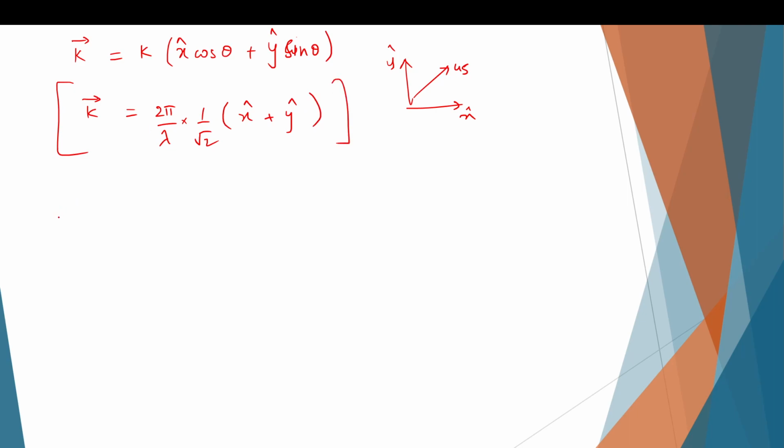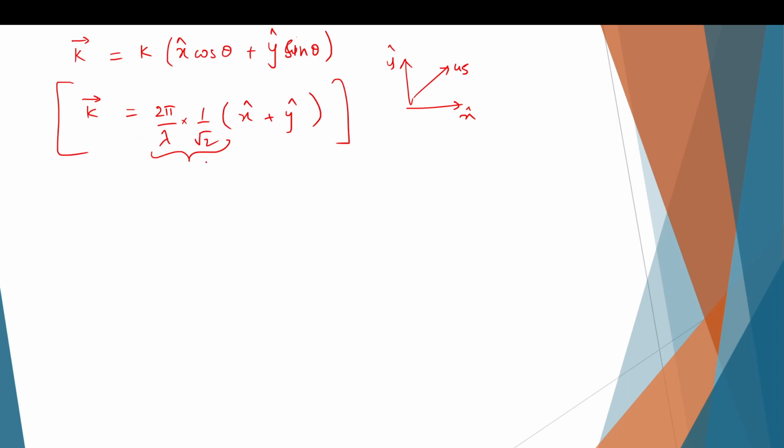I guess in your assignment problem they have also given a similar problem, and they've asked you to write the direction of the k vector. Since the question is a bit ambiguous on how to write the direction, I would suggest you just write this number for now. I'll talk with Professor Shankar and ask him to clarify the question again.